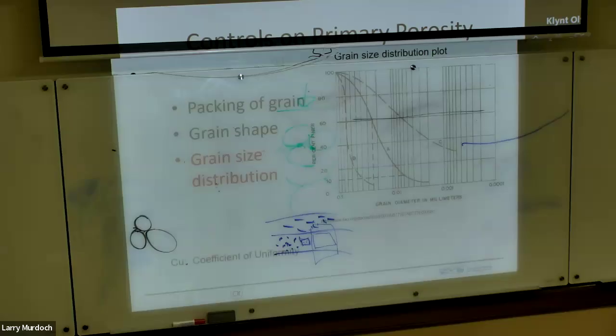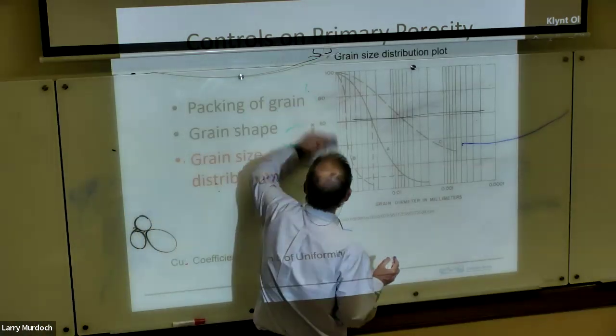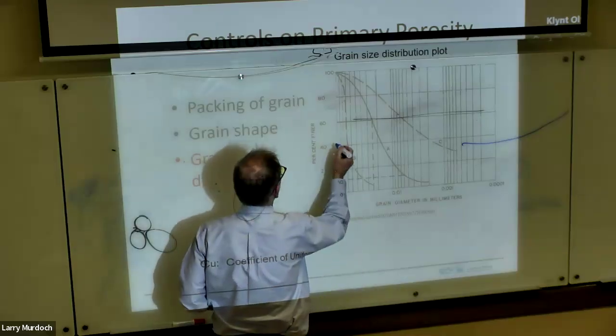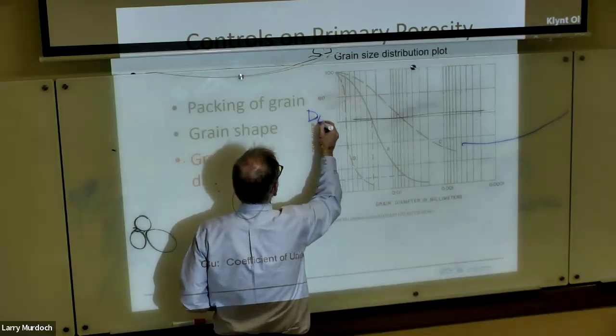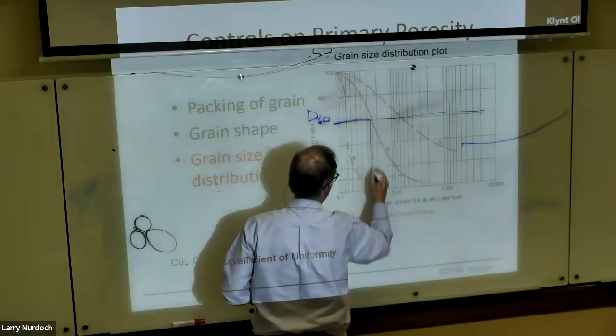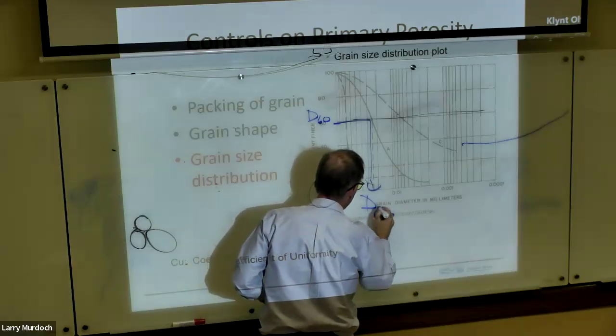Okay, so the coefficient of uniformity is used to describe the degree of sorting, and that's going to be the ratio of what's called D60. So the diameter of the grains where 60% of the grains are finer than that. So D60 is going to be, for this stuff, that.